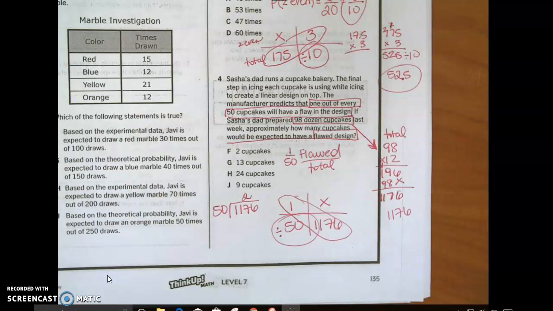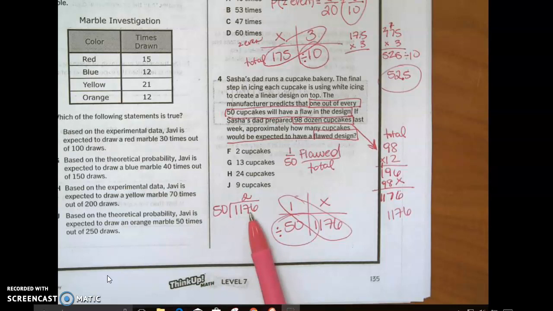Why not F? It's H because it's 23. Okay, so you kept dividing, but if I don't want to divide anymore, why would F not be the correct answer? Because it has a 2. 50 times 2 is 100, but then there's still left over, so then you have to have another digit. Okay, so 50 times 2 is 100.